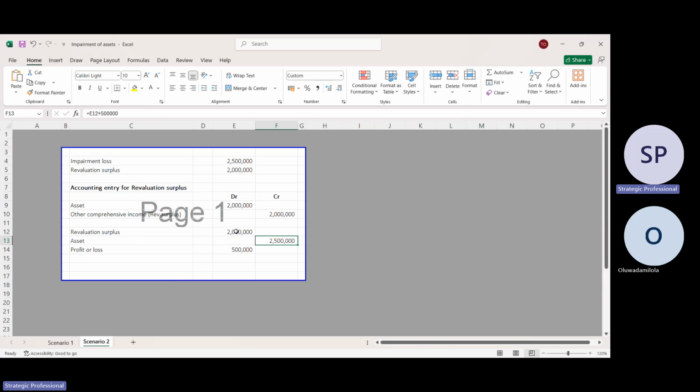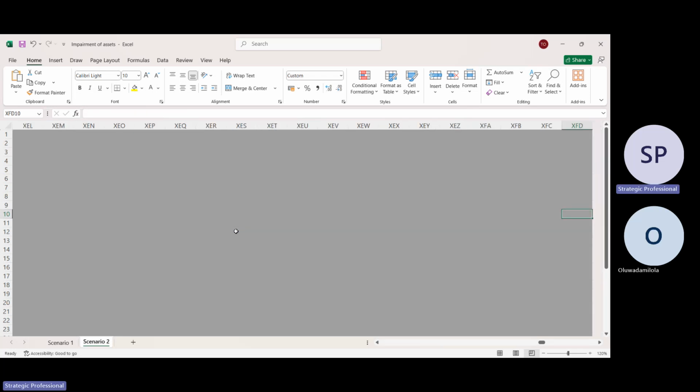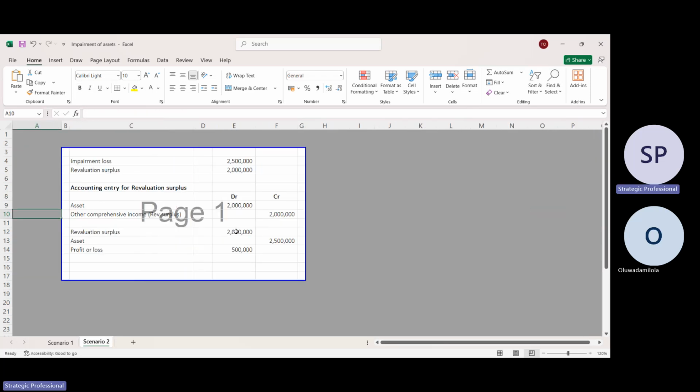Let me come again. When an asset has the valuation surplus in year one, what you have done is that you have debited your asset account, and credited your other comprehensive income. As you have credited your other comprehensive income, it effectively means that you have an account that the valuation surplus is sitting on, which is the valuation surplus account.